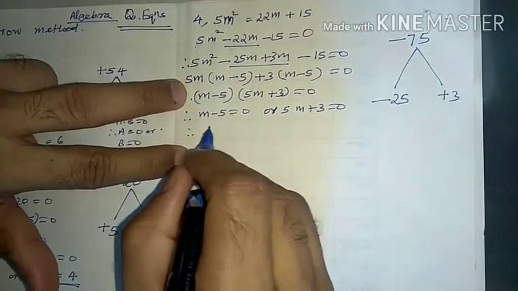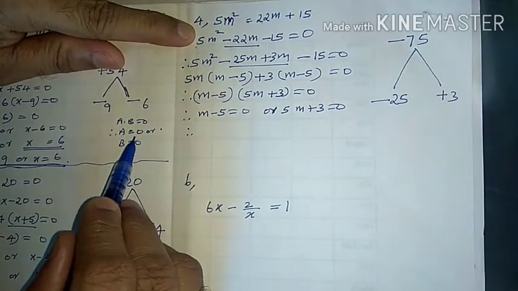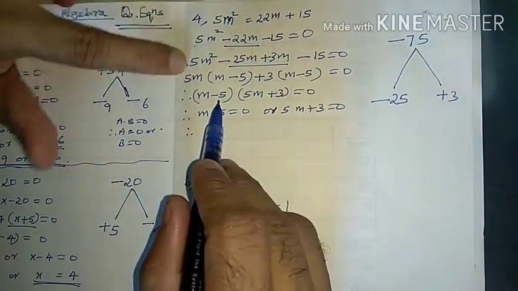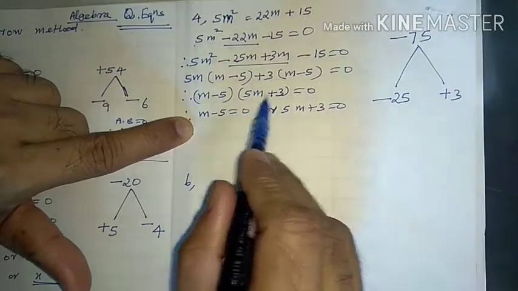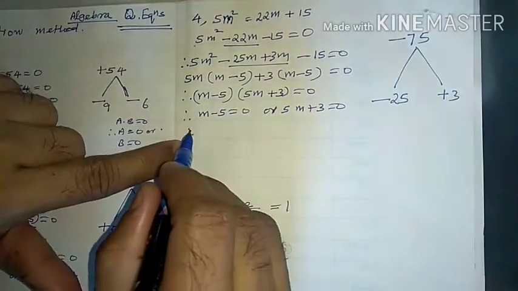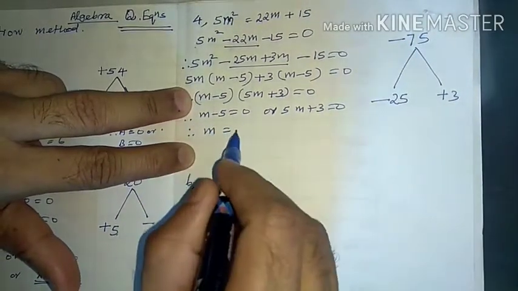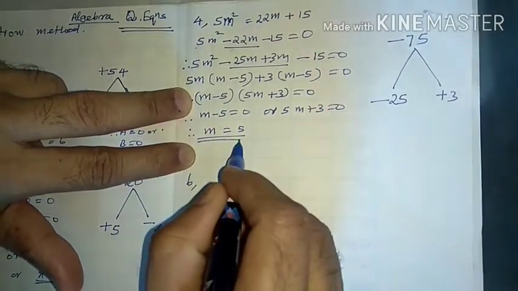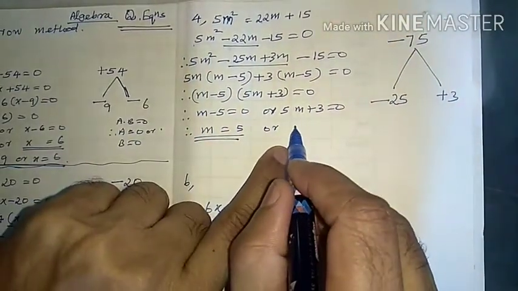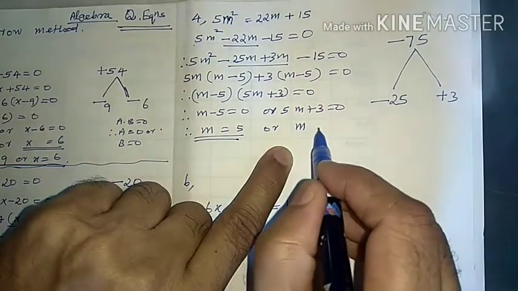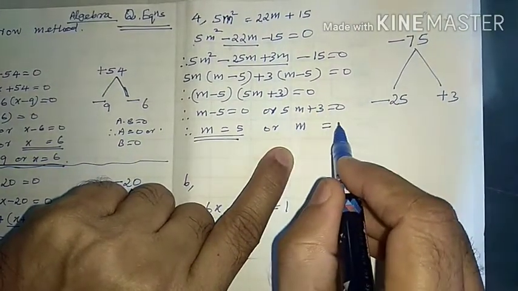If first factor is equal to 0, like earlier argument, a into b is 0 means either a is 0 or b is 0. Like this, a into b is 0. A is 0 or this second term is 0. If first term is 0, m is equal to minus 5 goes that side, plus 5. One answer. Or here m is equal to, take this constant term to that side, opposite sign.